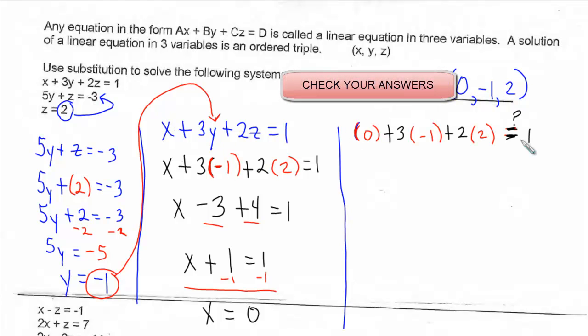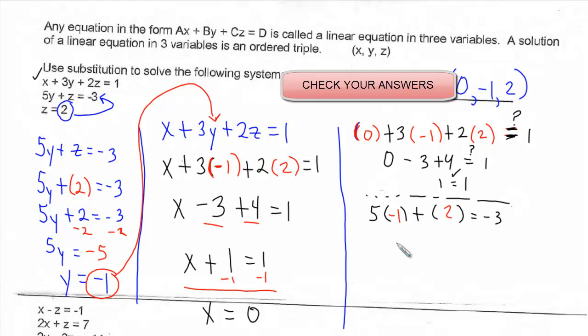Starting with the first equation, when we substitute 0, negative 1, and 2 in for x, y, and z respectively, we need to see if that's equal to 1. And this checks. So far, our answers are good. Check the second equation and see if the left side is equal to the right side.